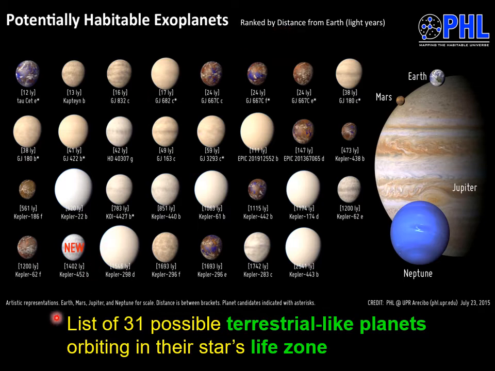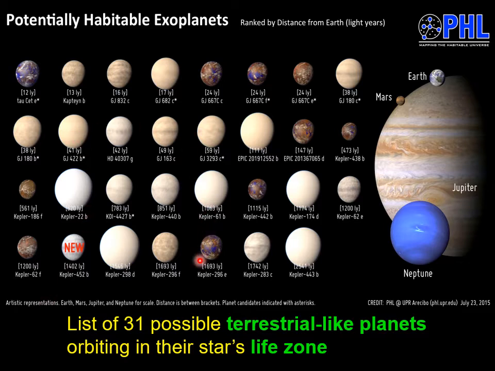I showed you this slide earlier in the course. This is a list of about 30 possible Earth-like planets that orbit in their star's life zone. So these are relatively small planets. Here's for scale, this is our Earth over here. And so we think that these planets are probably terrestrial-like, meaning they have rocky crusts and perhaps atmospheres like we have on Earth.